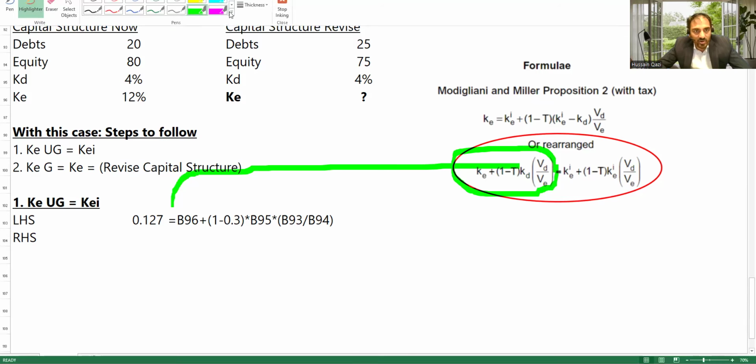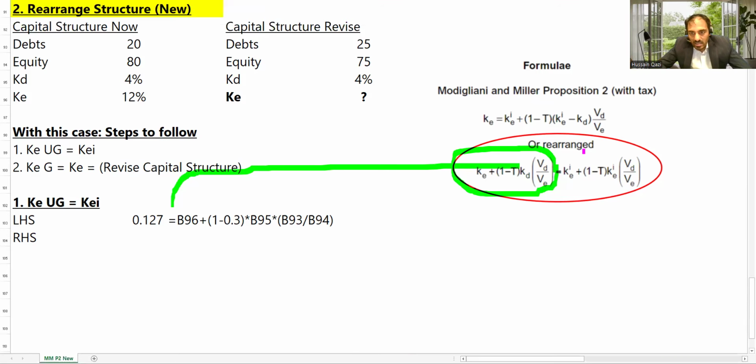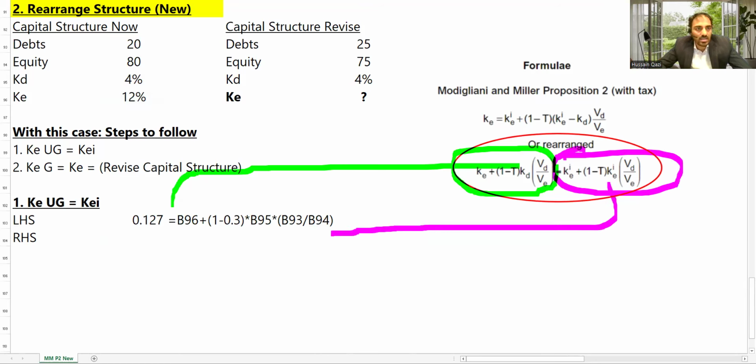Now the other point is this one: KEI plus (1 minus 0.3) multiplied by KEI, which we don't know, multiplied by 20 divided by 80, the new structure.